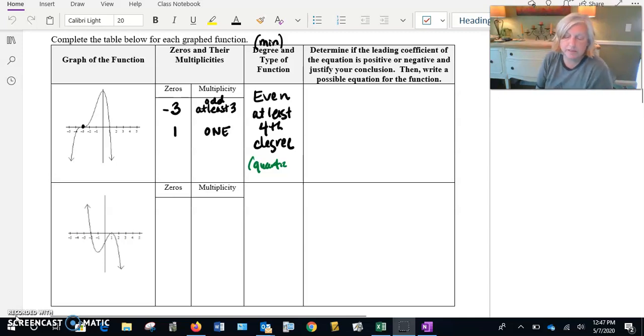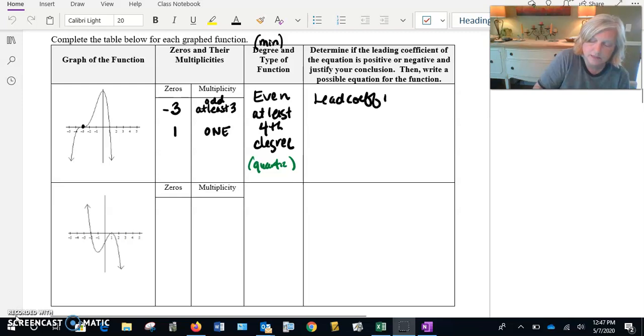Now it says determine if the leading coefficient of the equation is positive or negative and justify your conclusion. I would say in this case the lead coefficient is negative, okay? And the reason is because both end behaviors are going to go down.